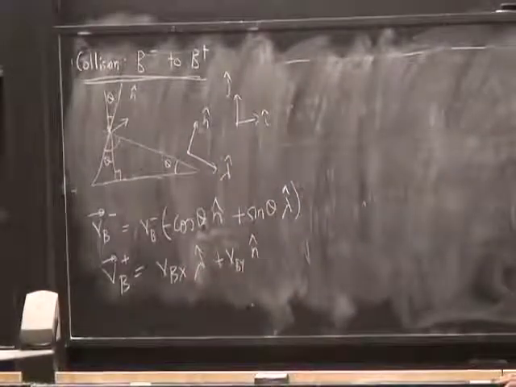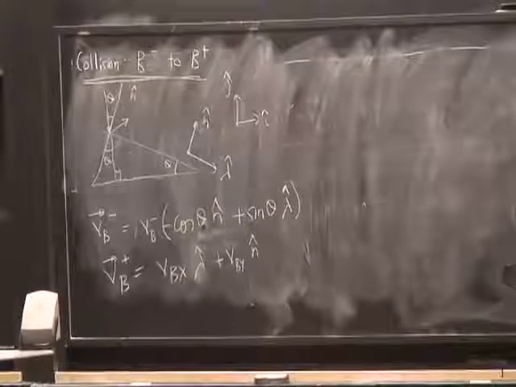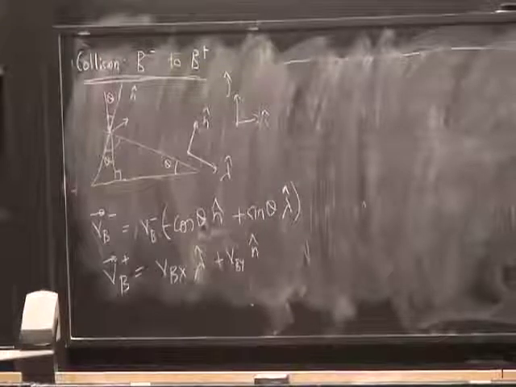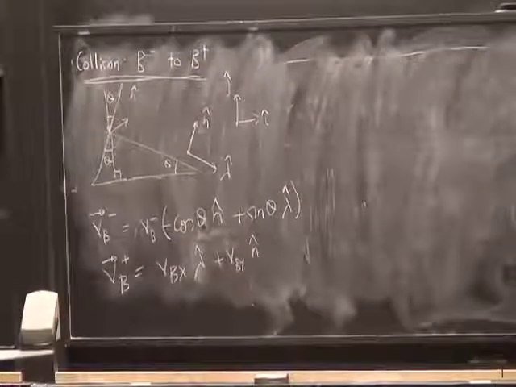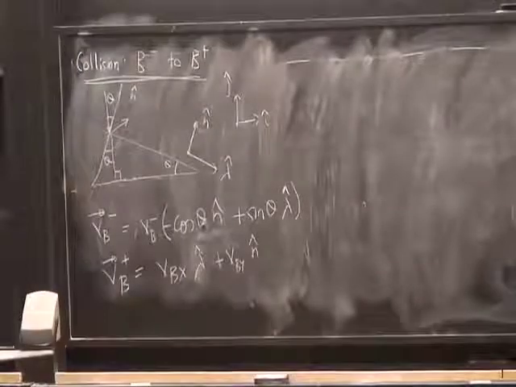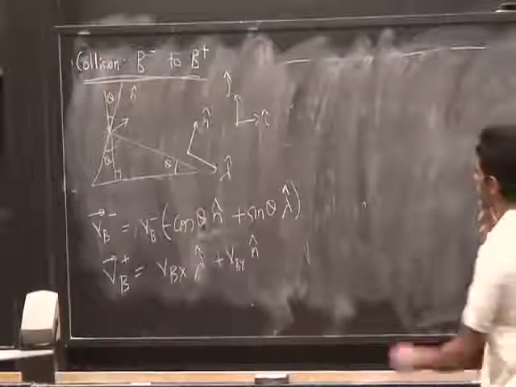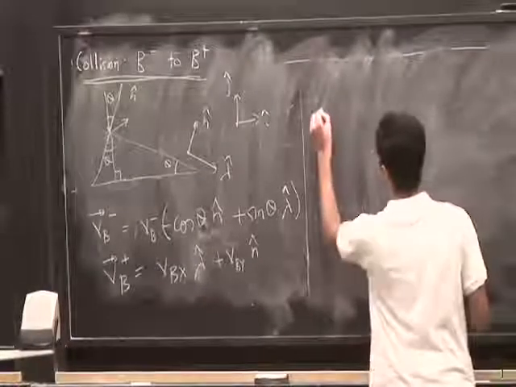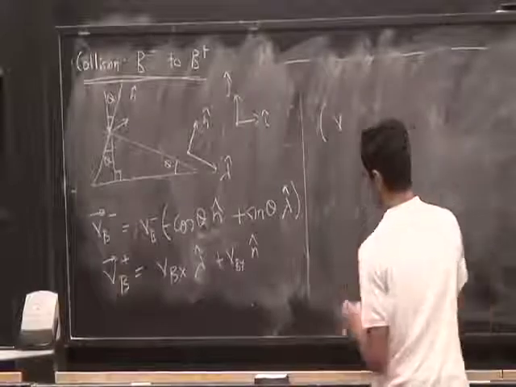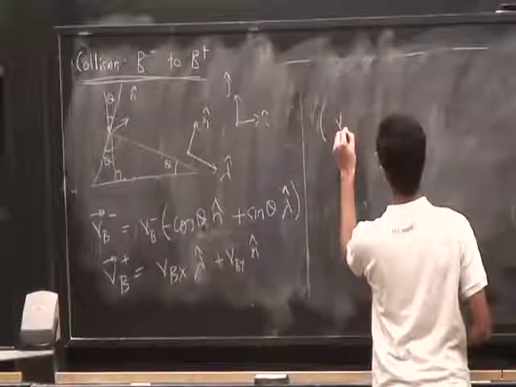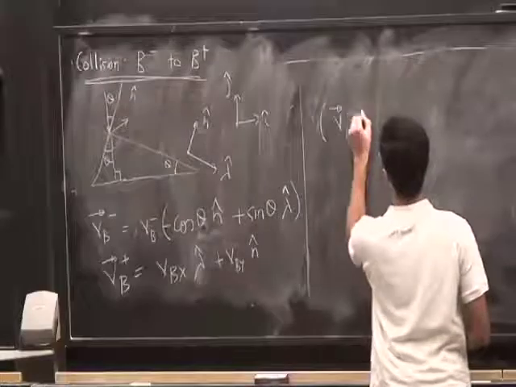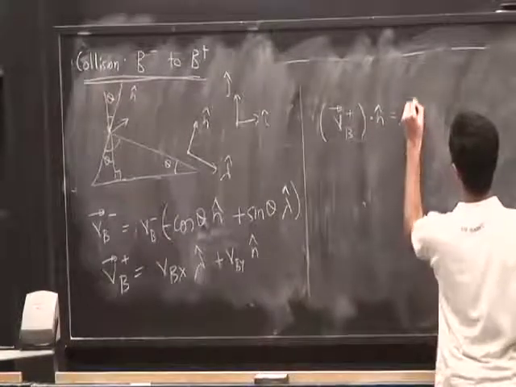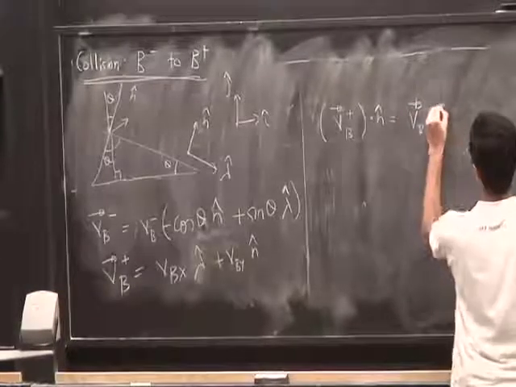So how do I get vBx and vBy? I have two equations at my disposal. One is I can use conservation of energy. The other one is I can use the coefficient of restitution equation. Now let's see what I get if I use the coefficient of restitution equation. That says that the velocity after collision dotted with n should equal minus e times the velocity before collision dotted with n.